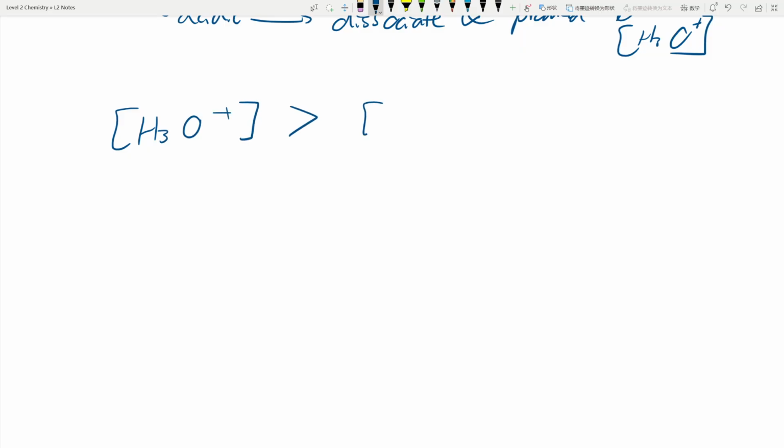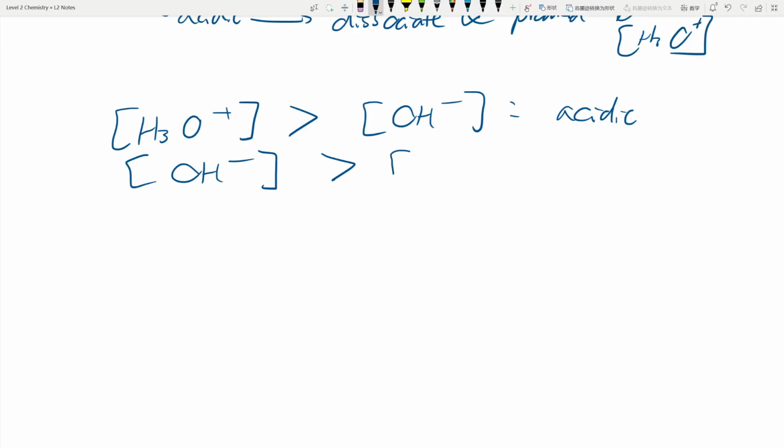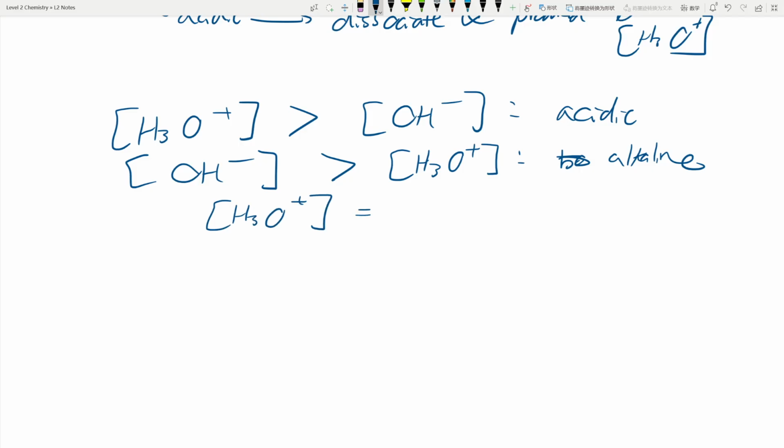When you have this higher concentration of H3O plus versus OH minus, this is going to be acidic. When you have more hydroxide ions than your hydronium ion, this is going to be basic or alkaline. Alkaline is a better word. And then if they are the same, that means you have a neutral solution.